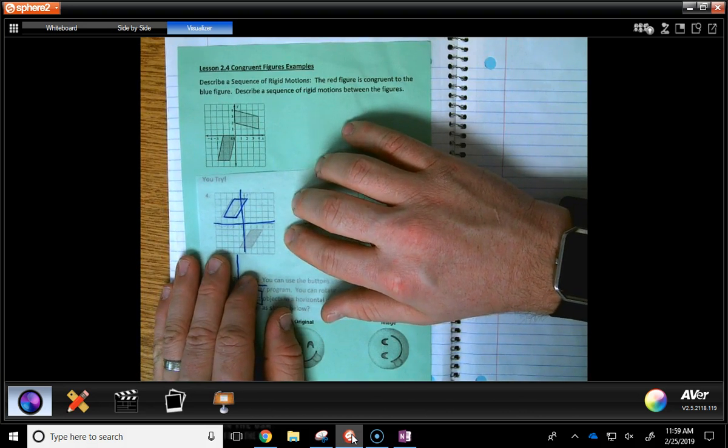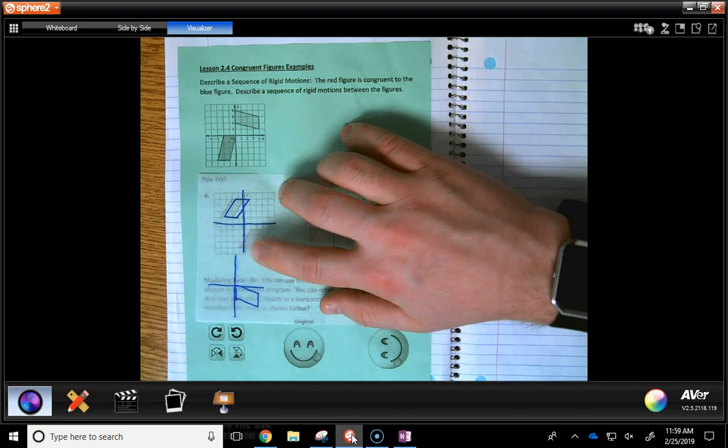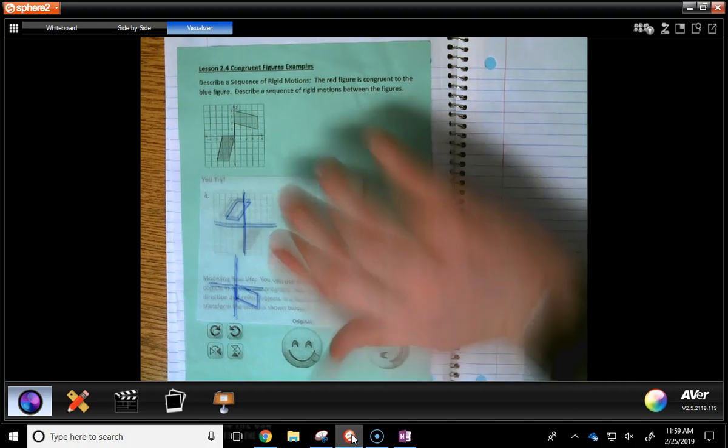That's what I did. Turn it twice. Does it match up? But when I looked at yours on your tracing paper, you don't have your X and Y axis marked.